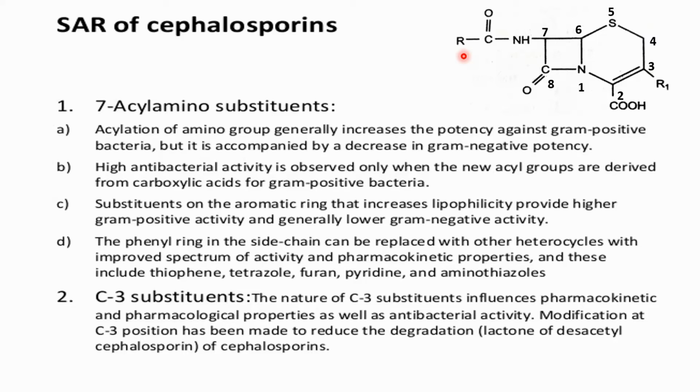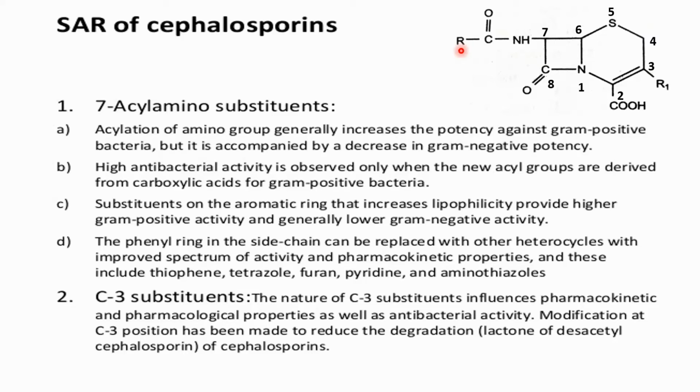Next point, the phenyl ring in the side chain can be replaced with another heterocyclic ring to improve the spectrum of activity. As mentioned in the previous point, if any aromatic ring is present, the activity will increase against the gram-positive bacteria because of the increase in lipophilicity.